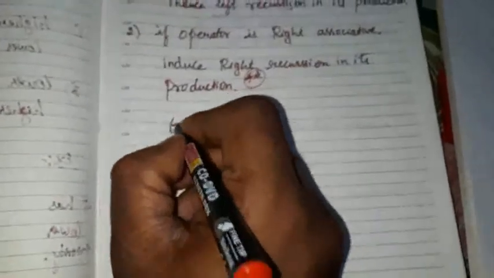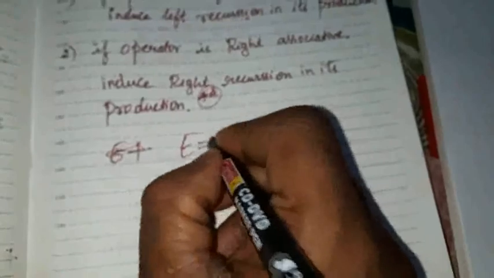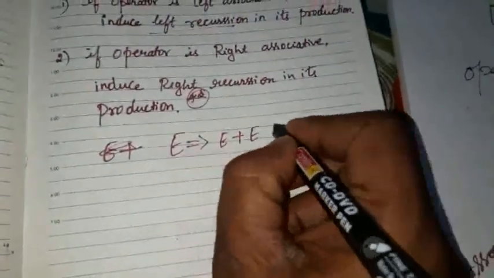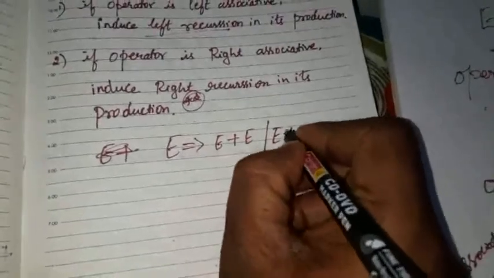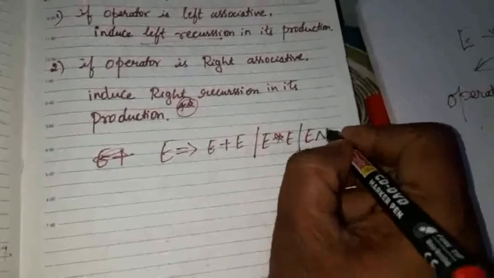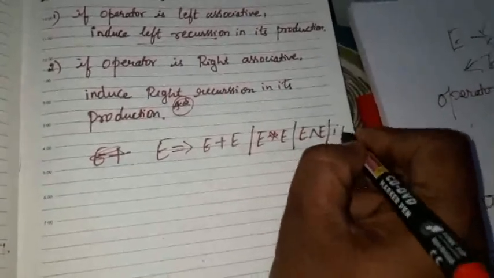Now see here, let us write a new grammar, that is E tends to E plus E, or E star E, or E power E, or ID.